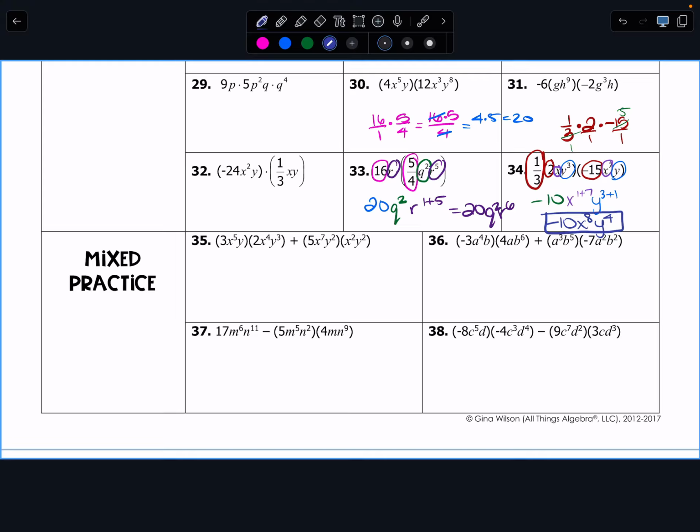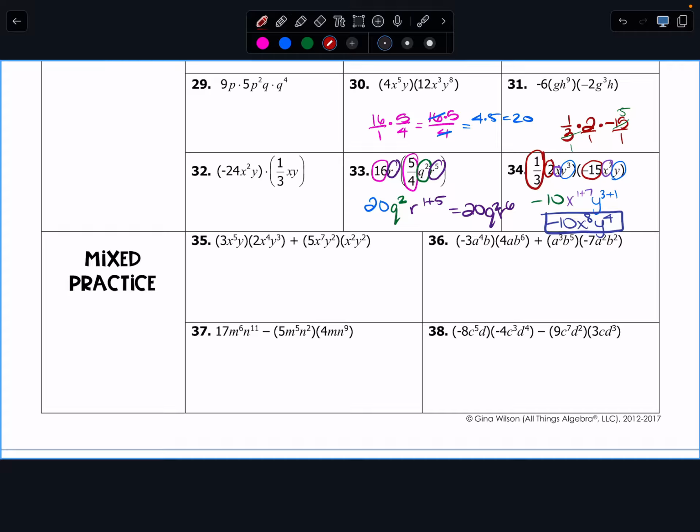Sometimes I have to remember to slow myself down. It's practice. It's because you guys are going to see it now. You're going to see it in IM2, and you're going to see it in advanced math. And by the time you guys get to advanced math, you're going to be very quick at it.